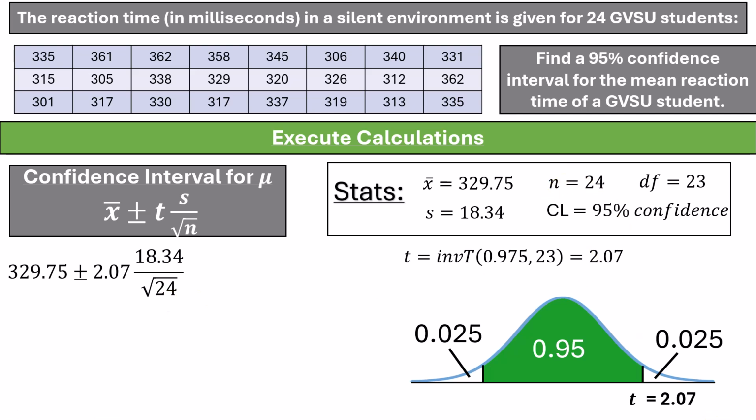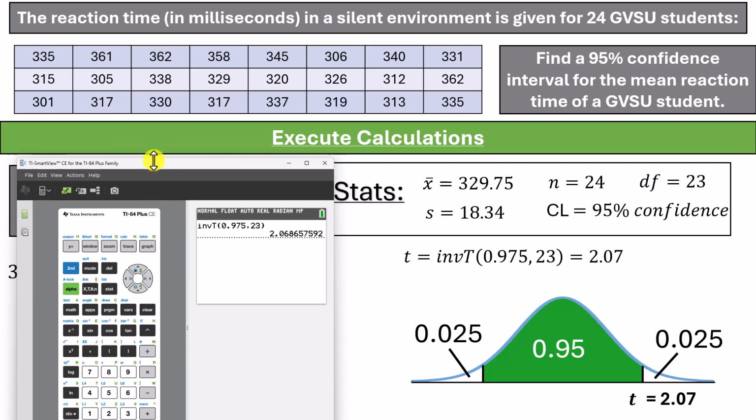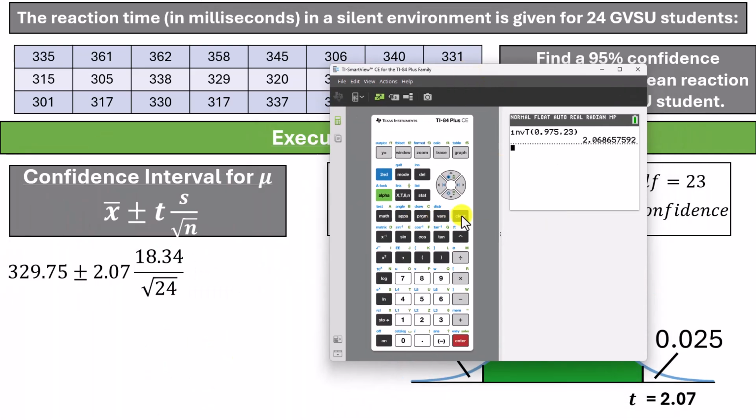And if I grab my calculator and I plug this in, I'll have 329.75. I'll do the minus first, 2.07, multiplied by 18.34, divided by the square root, second square root of 24. I get the lower bound, which is looking like 322.00 to 2 decimals.